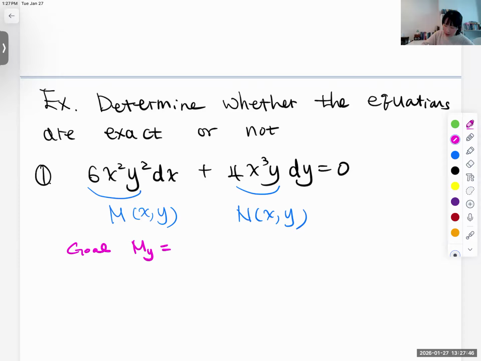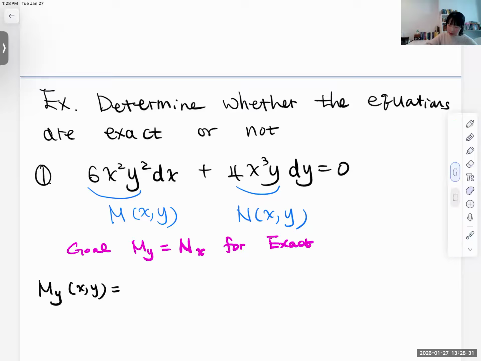Okay, so we have the function, not function f. We don't have that. In that case, that's why we have to show this way as exact, right? Okay, so we do the partial derivative with respect to y. Let me write this one out first.